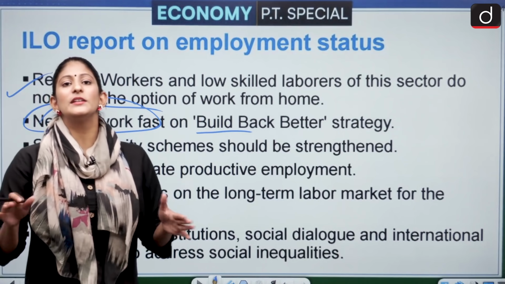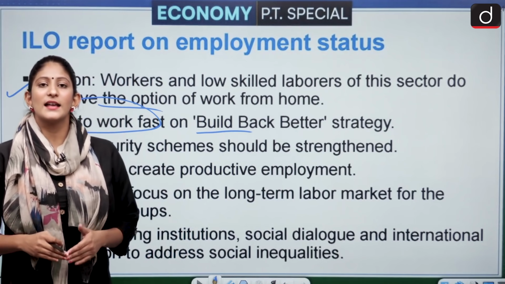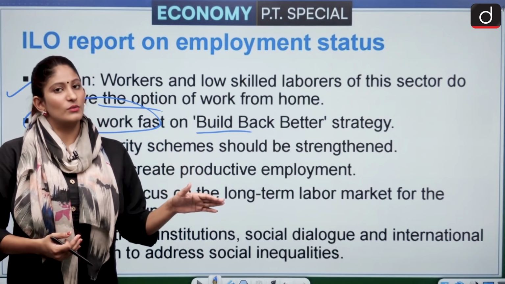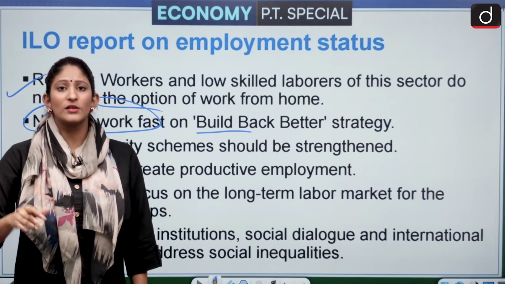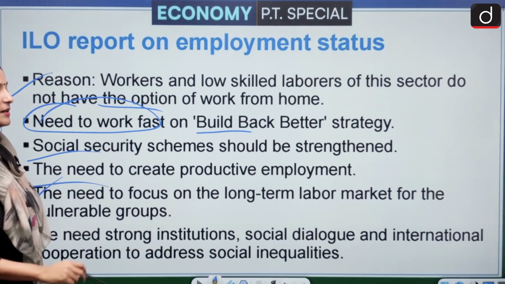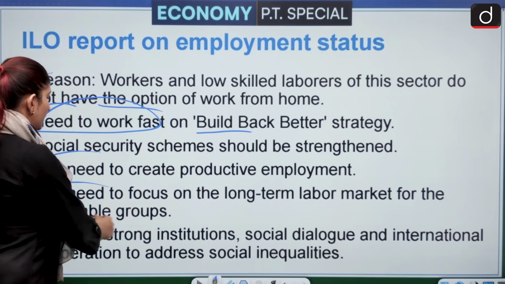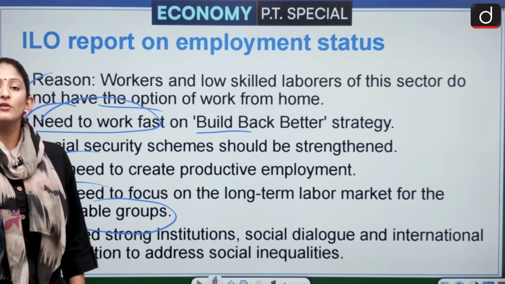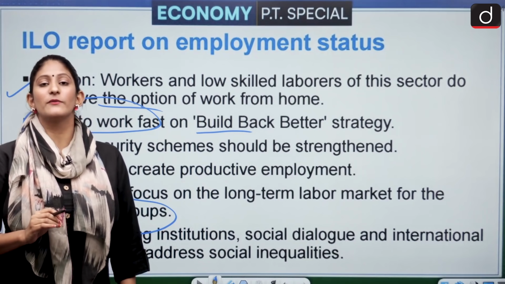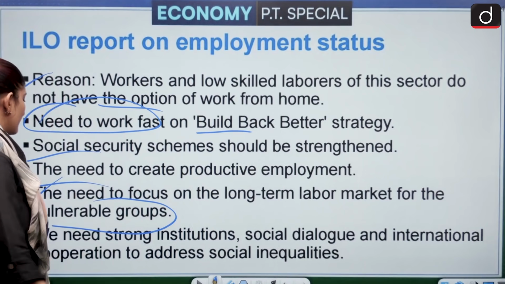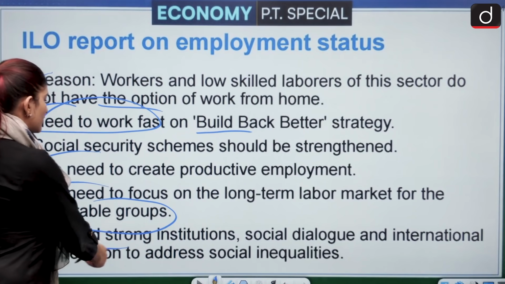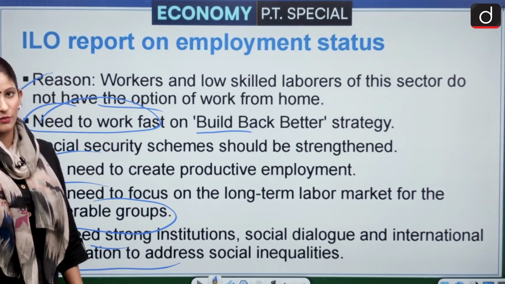We cannot sweep the entire India, which has mostly the labor-intensive sector, to learn artificial intelligence and work along with artificial intelligence. So, the need is to focus on the long-term labor market for vulnerable groups, upskilling them, and also making the group robust enough to support the laborers in forms of social security schemes. We need strong institutions, social dialogue, and international cooperation to address social inequalities.